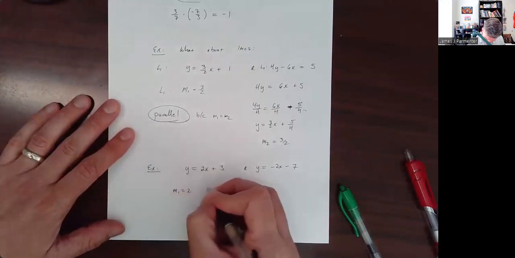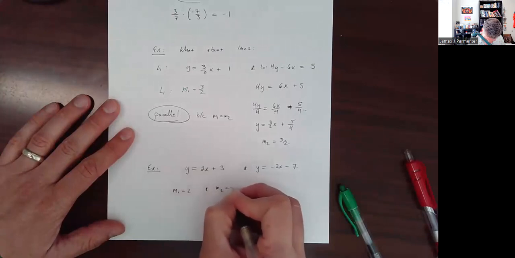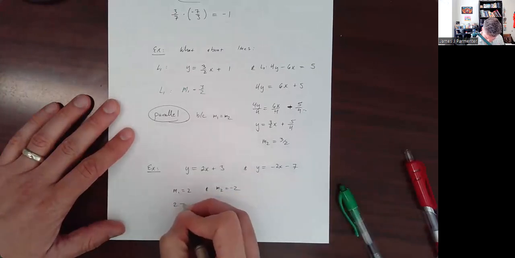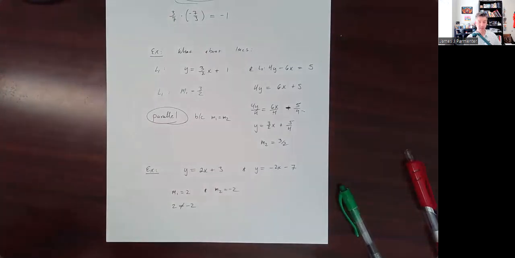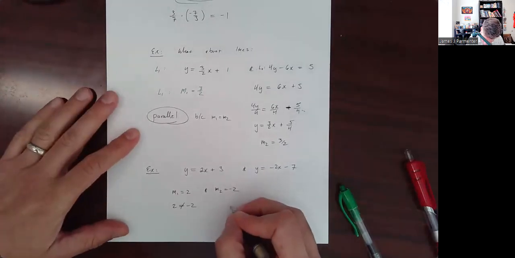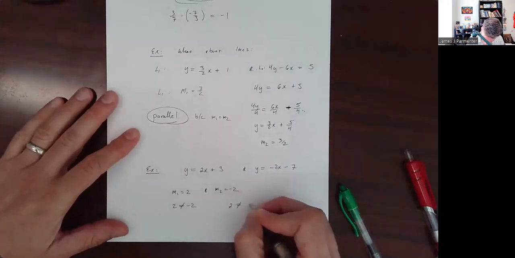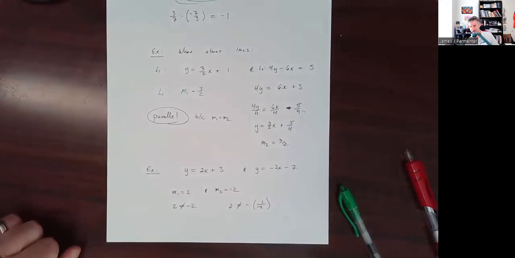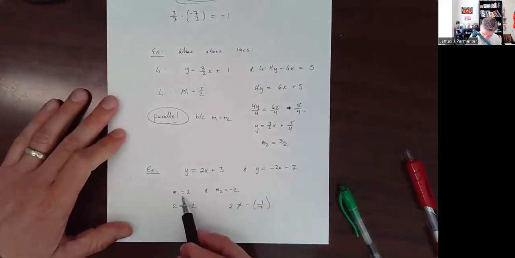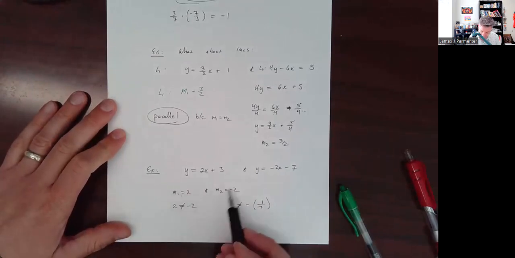M1 is 2 and M2 is -2, and 2 definitely doesn't equal -2. And the slopes, while being opposite signs, are not reciprocals of each other. So 2 doesn't equal the negative of 1 over -2. I don't love doing it that way. That just feels cumbersome to me. I don't want to check that M1 doesn't equal -1 over M2.